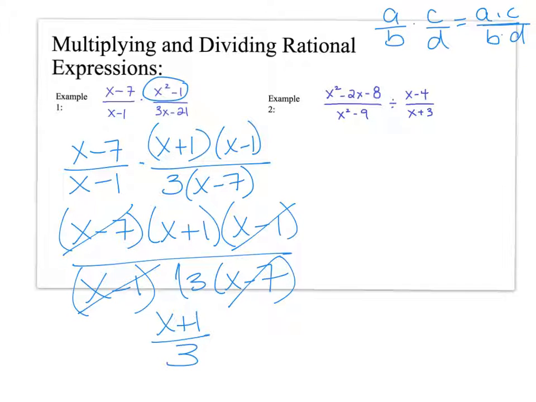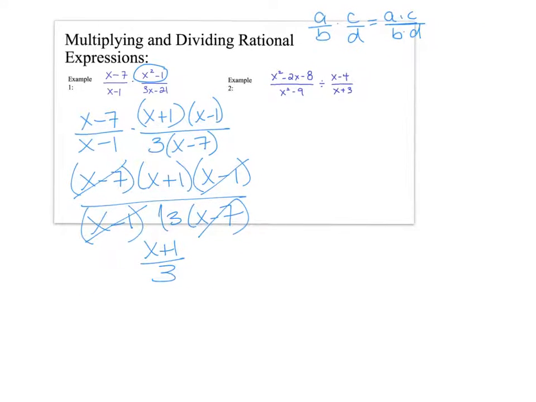And I do need to do my domain for that. So I'm going to look at my two denominators here: x minus 1 can't equal 0, and also 3x minus 21 can't equal 0 as well. So when you have two denominators in the initial expression, you're going to have to do the domain for each of those.